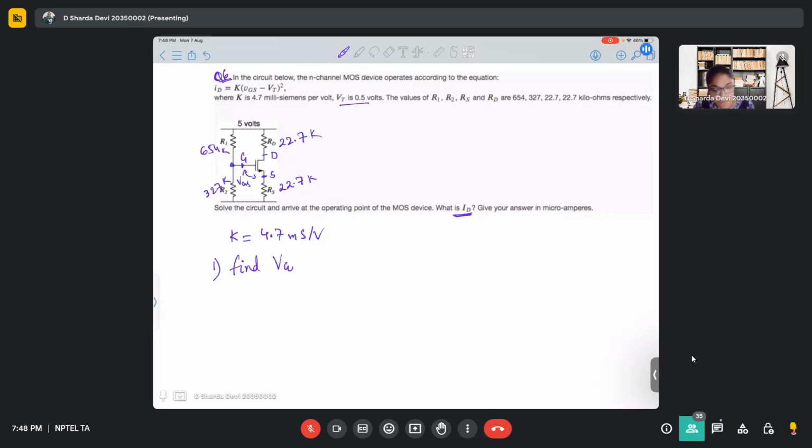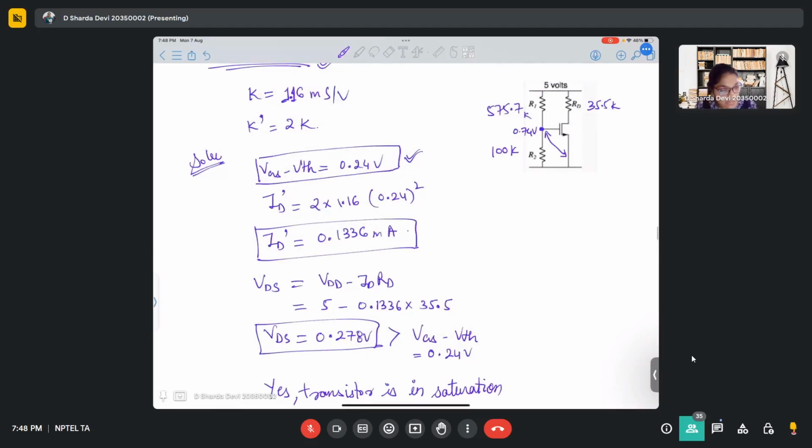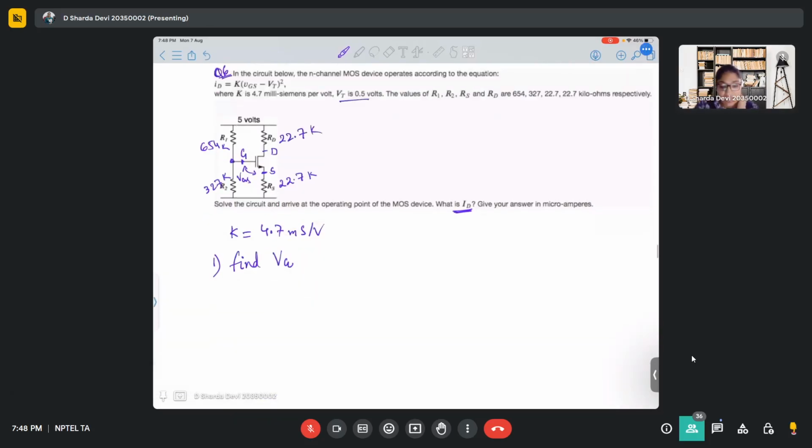This is VGS. Earlier, this was VGS. Is the difference clear from the last question to this particular question? Yes, ma'am. When there is a source resistance, it increases the complexity of your circuit. But with increased complexity, it actually stabilizes your circuit.